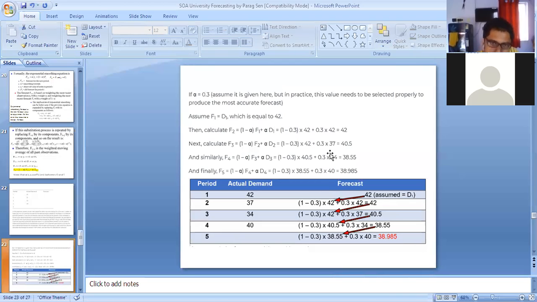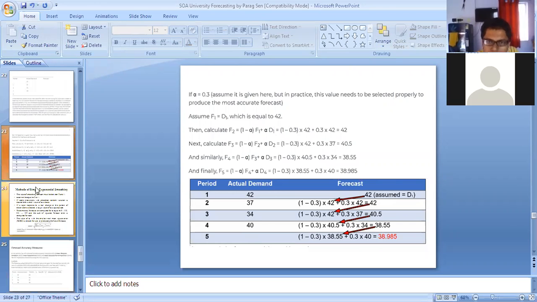So you can understand that there is an approach where you are considering the difference between the actual demand and the forecasted demand. This sort of approach is there, so you are taking this into account. That's why the exponential smoothing method is usually better than the earlier two methods.